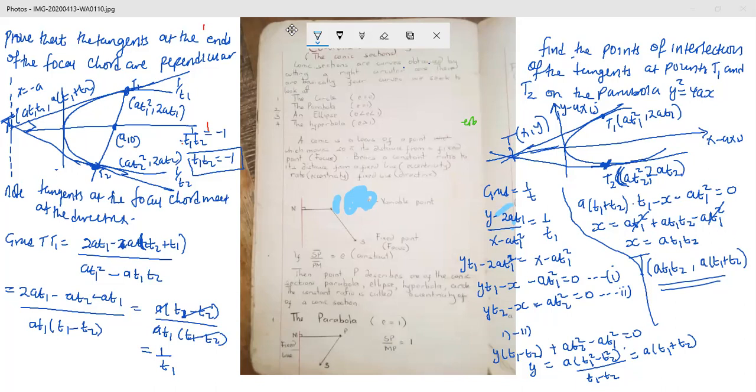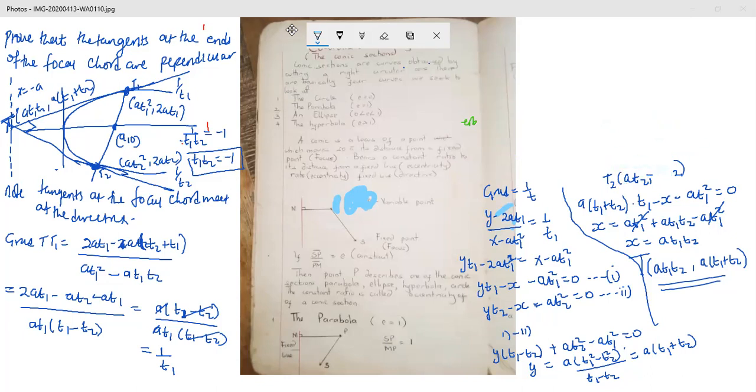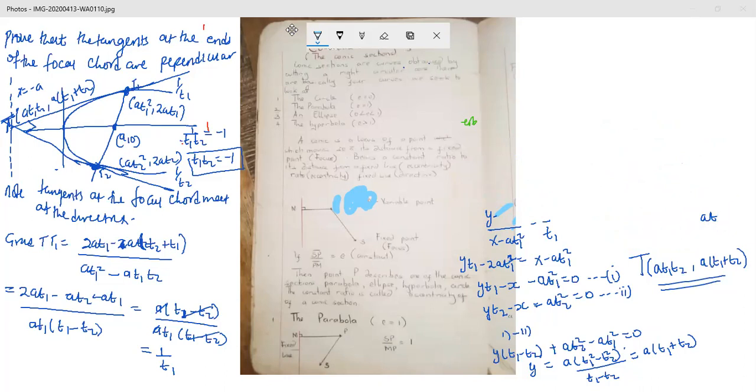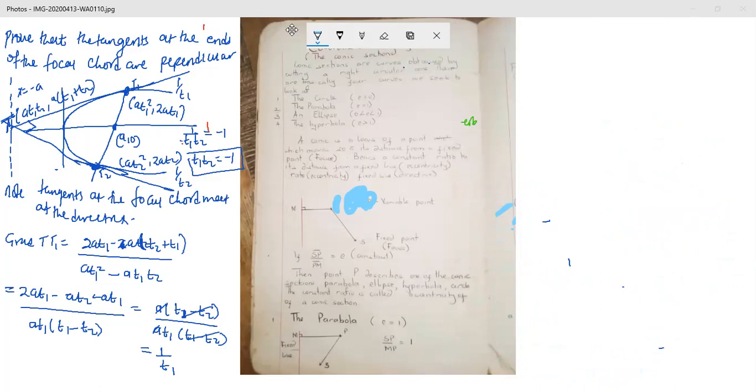Then can we get the gradient of the second one? We are dealing with the gradient of capital T and T2.